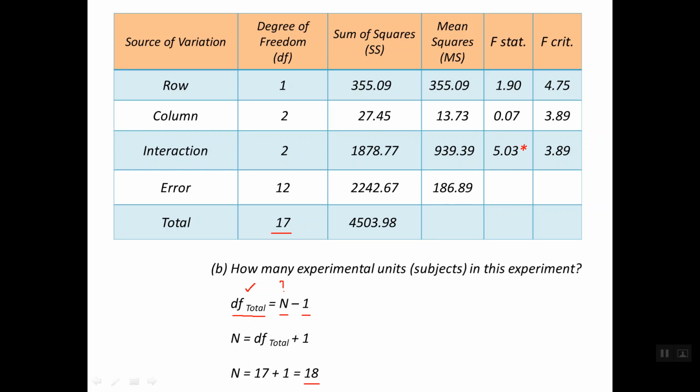Actually, I talked in a previous presentation about the two-way ANOVA for the balanced design. And a balanced design simply means that the experimental units or subjects inside each group are the same.